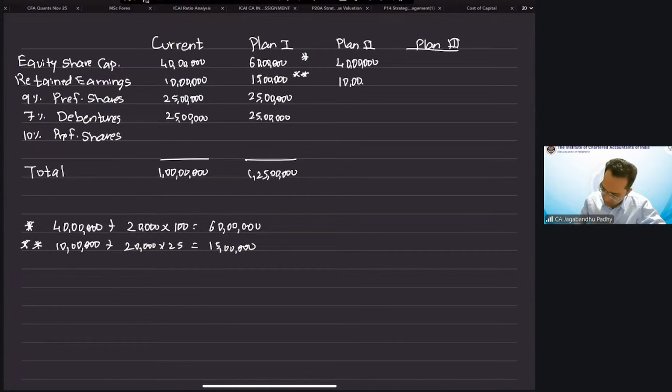Retained earnings 10 lakh. 9% preference shares will continue to be 25 lakh. 7% debentures will continue to be 25 lakhs. But 10% preference shares will also come in now, worth 25 lakhs. And then we have the total as 1 crore 25 lakhs.